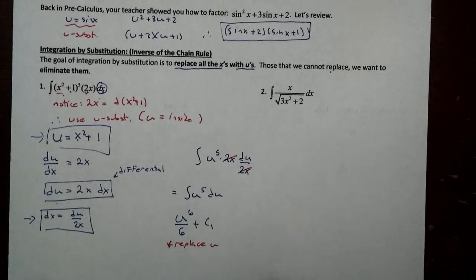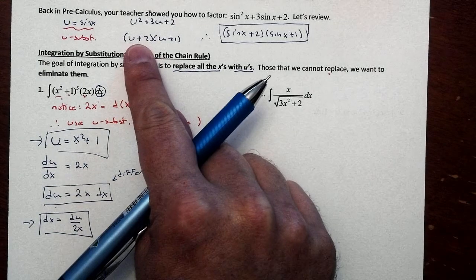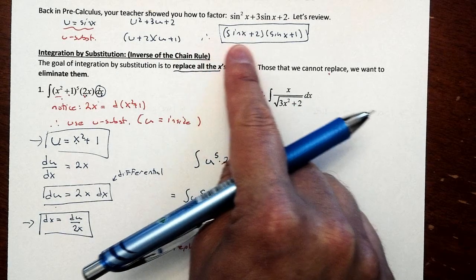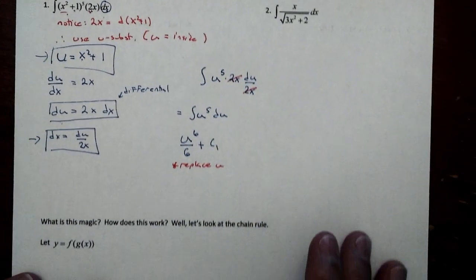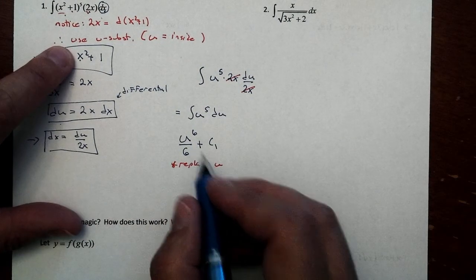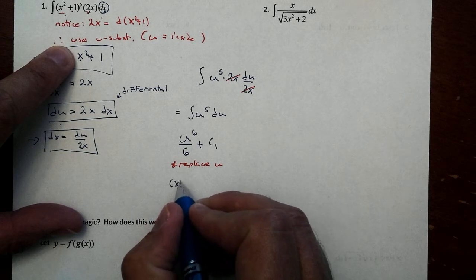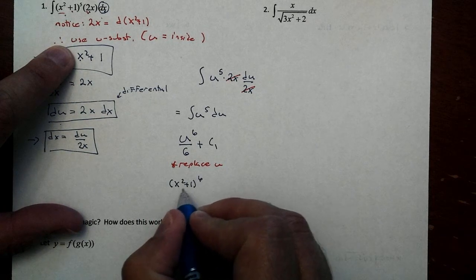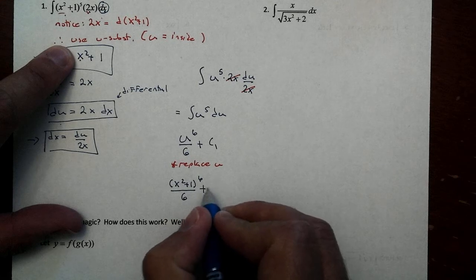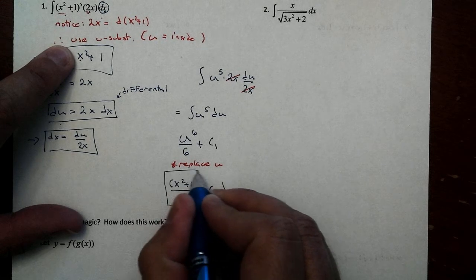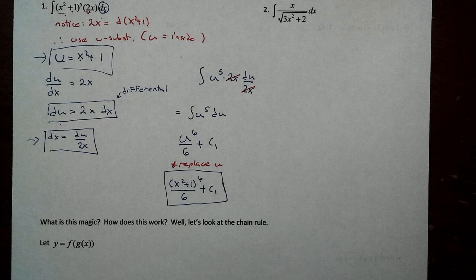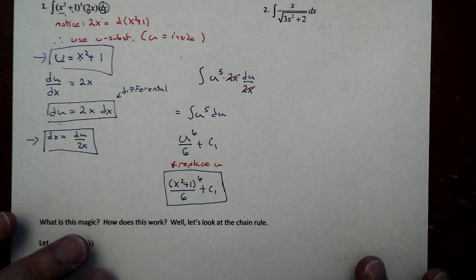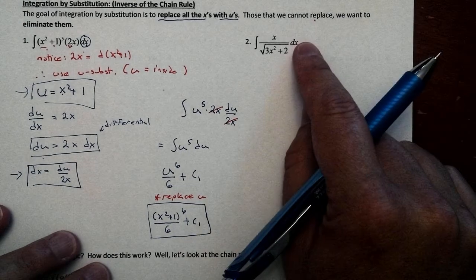Just like you did last year in pre-cal, your teacher wouldn't have accepted u plus 2, u plus 1. You had to replace it. And if I replace my u, well, u is x squared plus 1. We would get x squared plus 1 to the 6th over 6 plus c1. And there's our final answer. Very easy to do. So let's take a look at another one here.